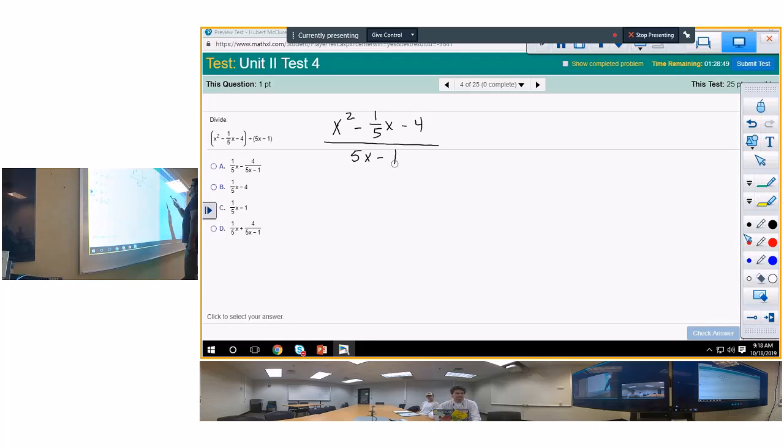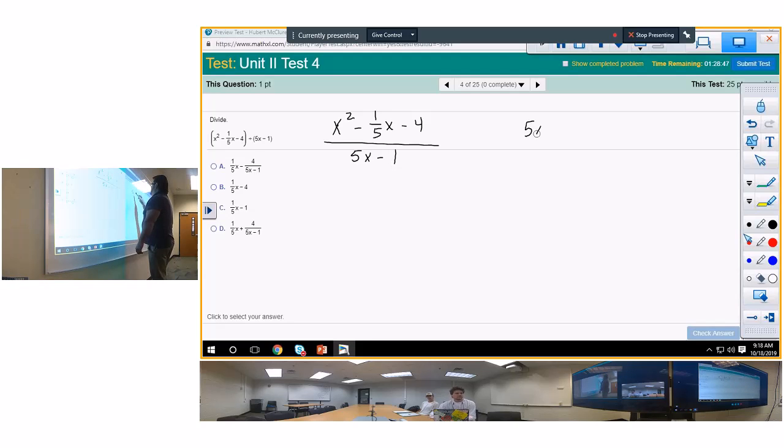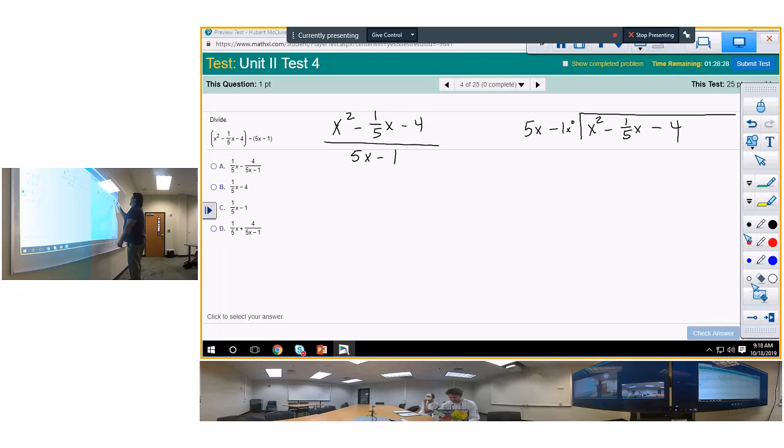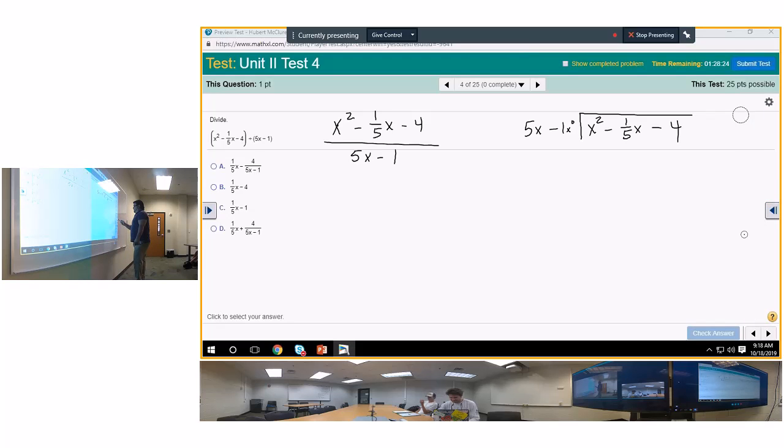So 5x minus 1 into x squared minus 1/5 x minus 4. It looks like everything is pretty much there.